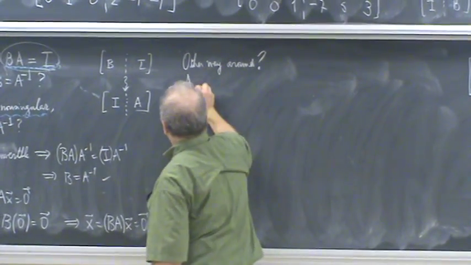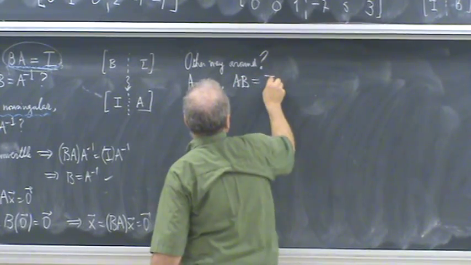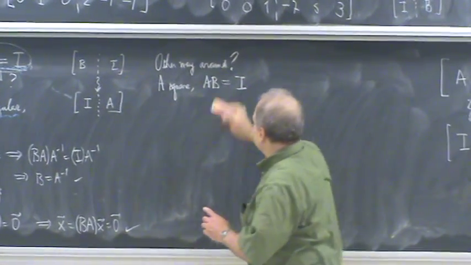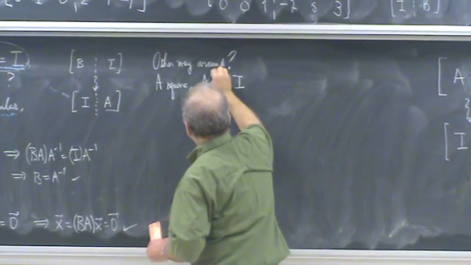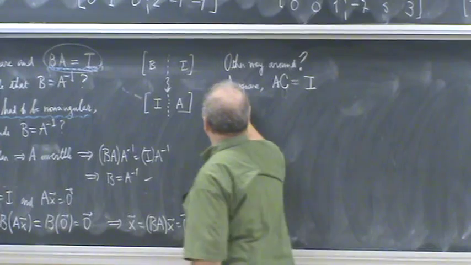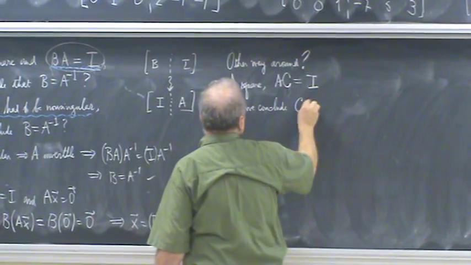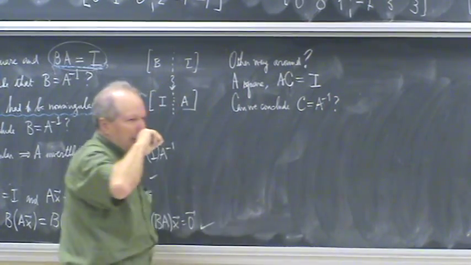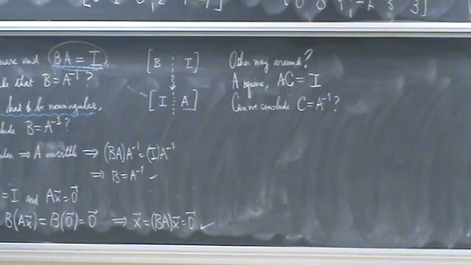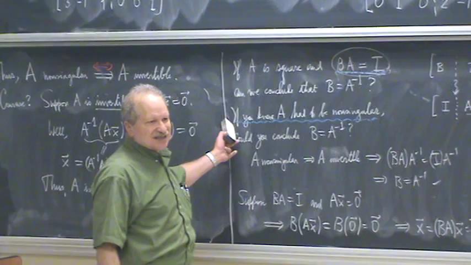Suppose A is square, and you have a right inverse. Well, let me actually call it C. Can we conclude C is A inverse? Do you think you could do it if you knew A was non-singular?